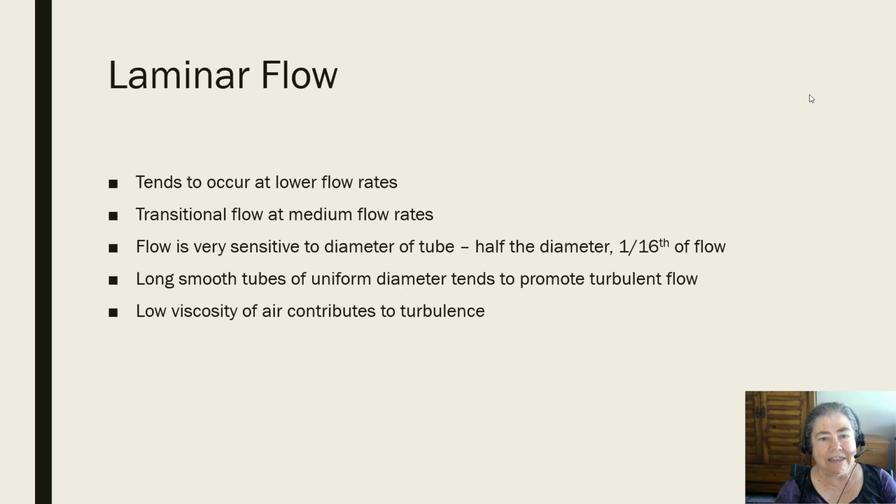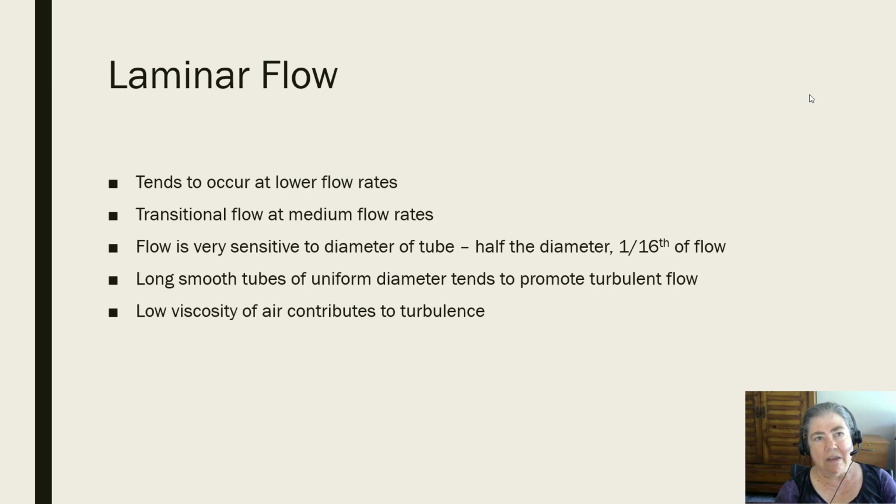But in the lungs, it's quite different. And this is because primarily air is very low viscosity compared to blood. And in the lungs, laminar flow tends to occur in the parts of the lung that air moves very slowly. And that, if you remember, is the respiratory zone.